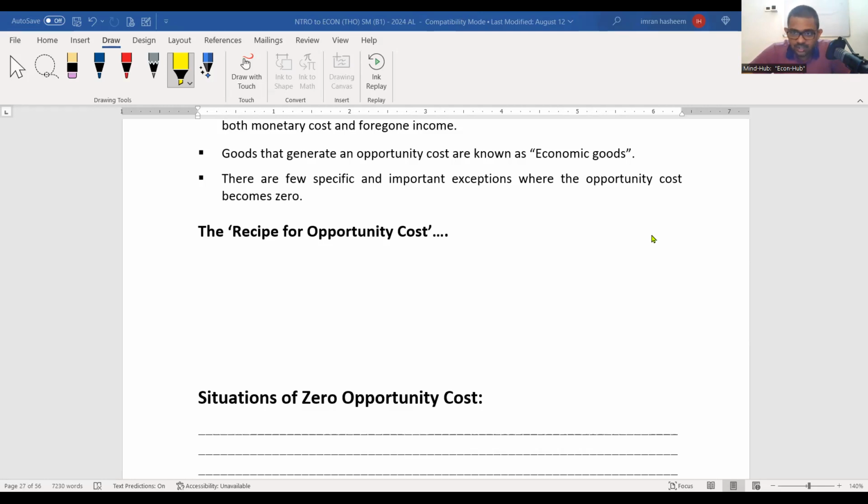So basically, the opportunity cost is an immediate result, an immediate outcome, of making a choice or facing a trade-off. When we make a choice, the immediate opportunity cost is an immediate outcome of making a choice, but that choice has to be a trade-off, a choice that is something we have to make, a must make.